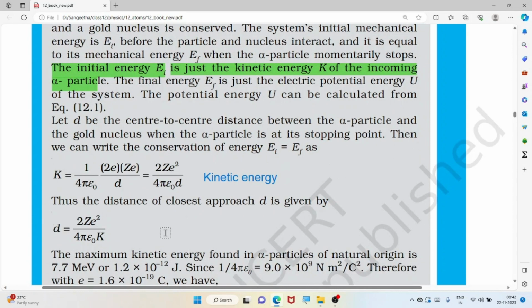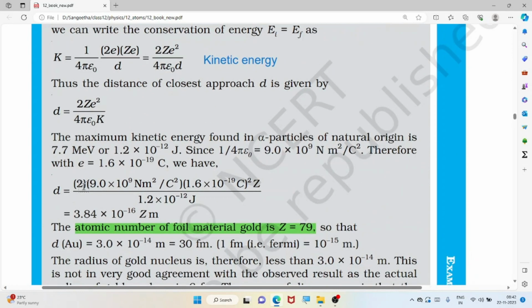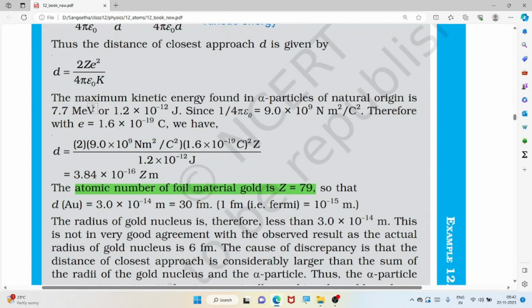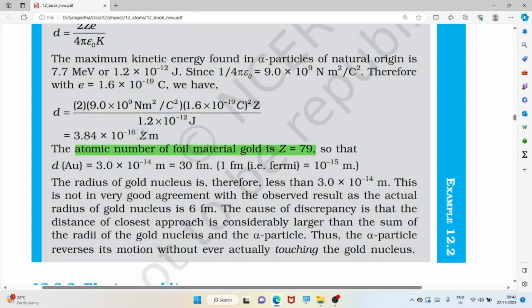So now this is the kinetic energy and the potential energy. The maximum kinetic energy of the alpha particle is given, and all of this is using direct equations.